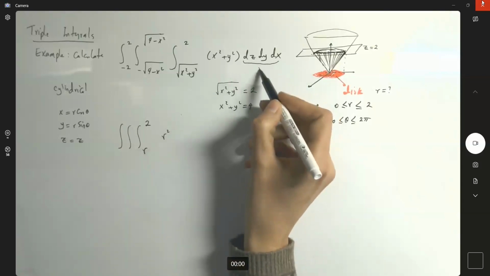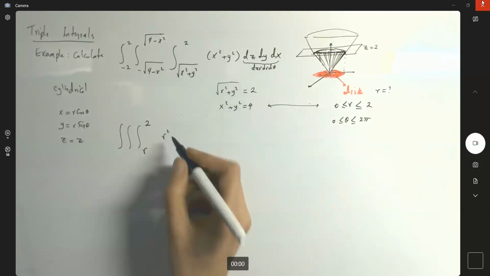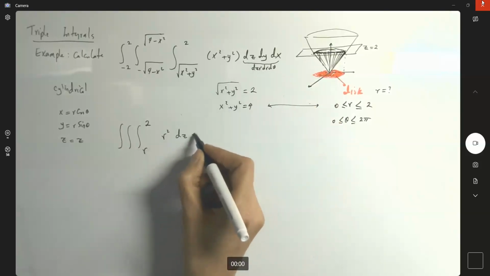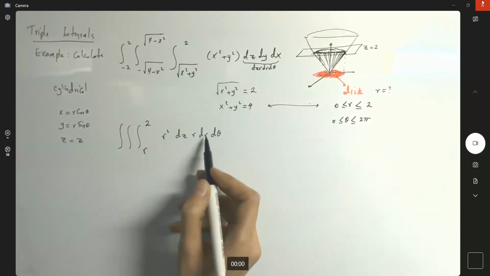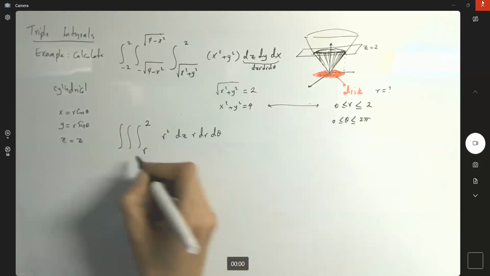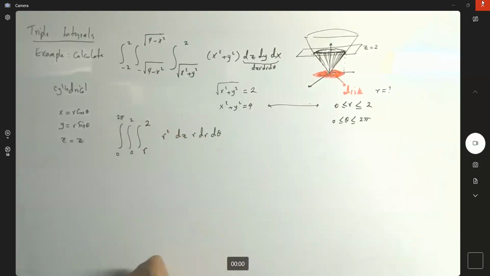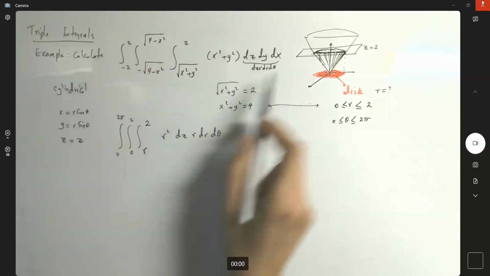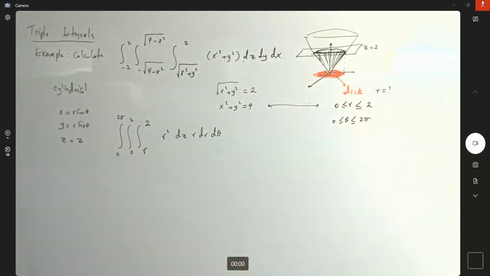The volume element is r dr d theta dz, so dz, r, dr, d theta. R is bounded between 0 and 2, and theta is bounded between 0 and 2 pi. Very good. So this ugly looking integral became this nice looking integral in r, theta, and z.